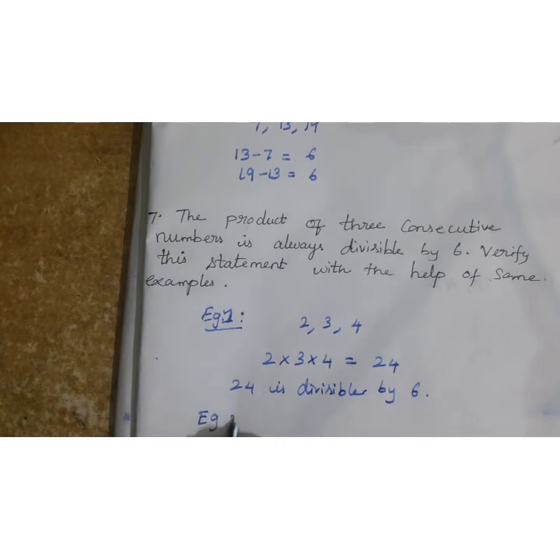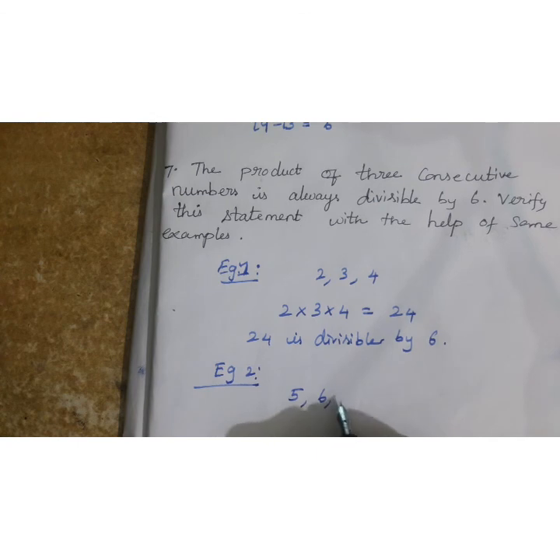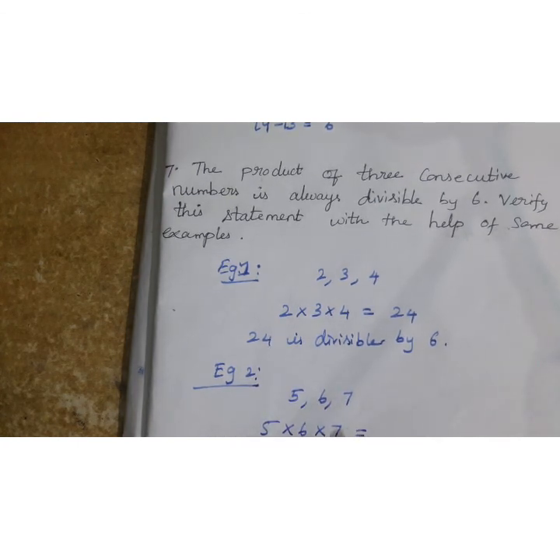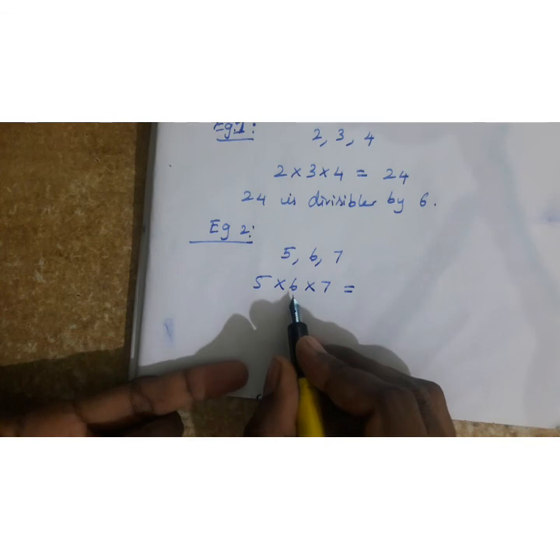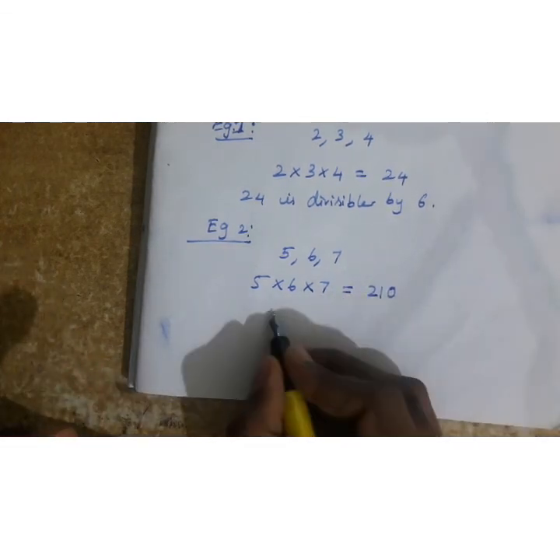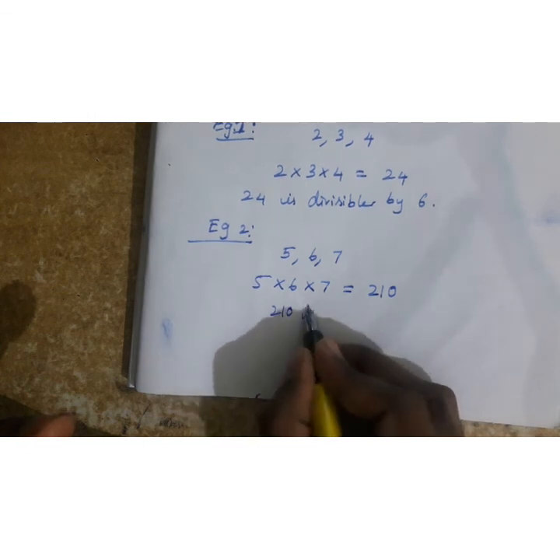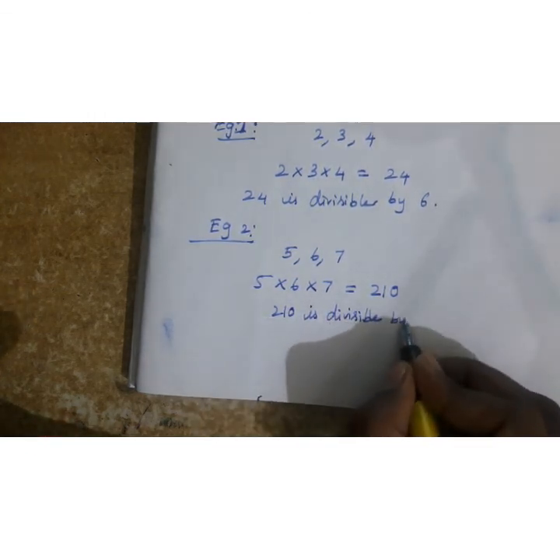Let's take another example. 5, 6, 7. 5 into 6 into 7 equal to 5 times 6, 30. 30 into 7 is 210. 210 is divisible by 6.